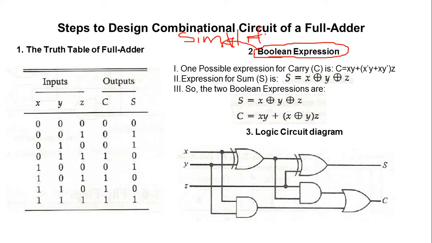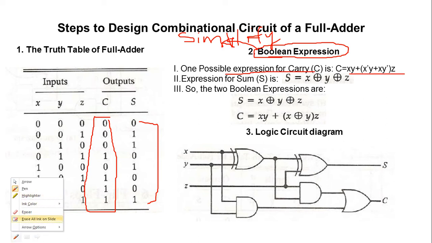In order to simplify it, we look at the logic behind how the carry has been coming, and the same logic applies to the sum value. One possible expression for carry is this. So how is this particular carry generated? Let's understand that.